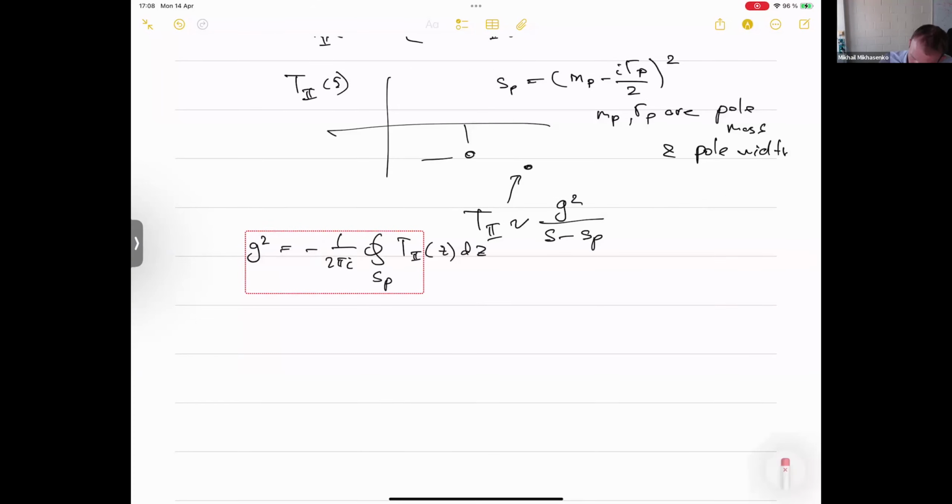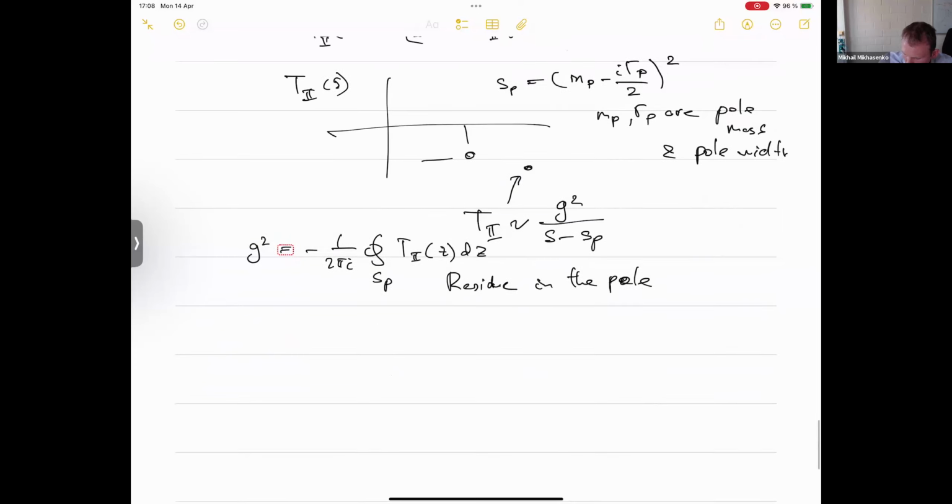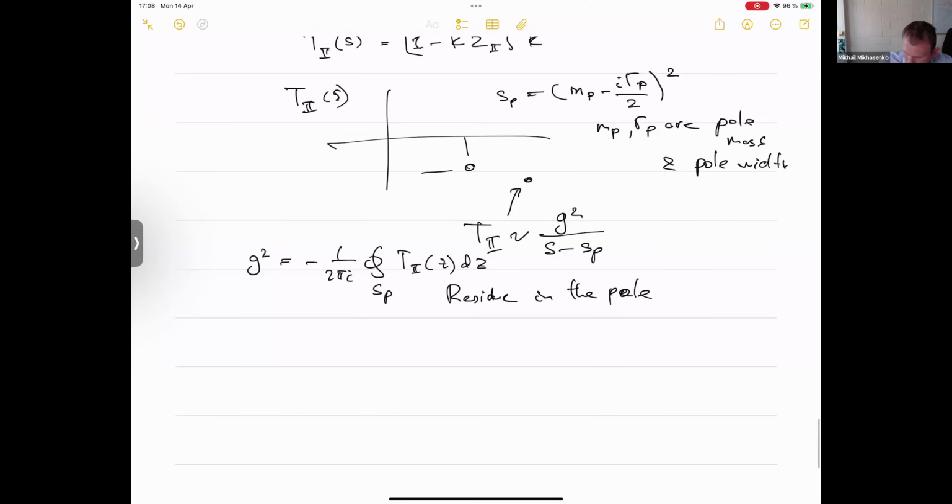So that's called the residue in the pole. And it shows how much the pole is coupled to a particular channel.